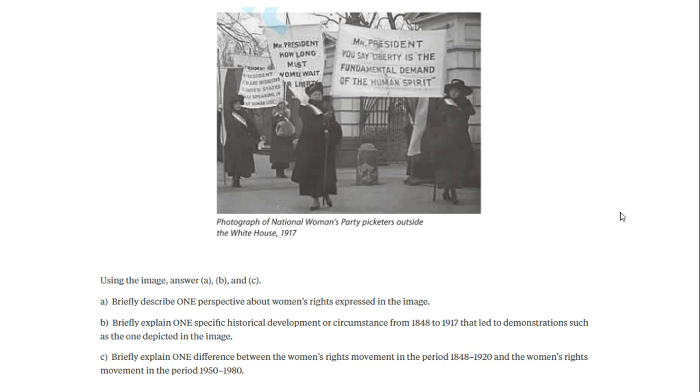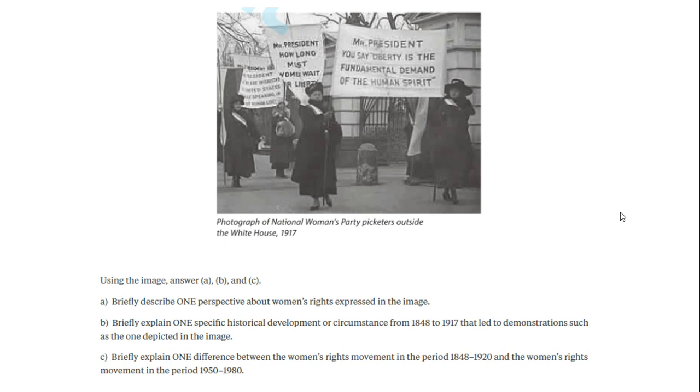Briefly explain one specific historical development before this period that led to demonstrations such as the one depicted. And right now, if you're watching this video early in the year, you might not recognize the significance of, say, 1848, but that's a big clue as to something you might use to answer this.